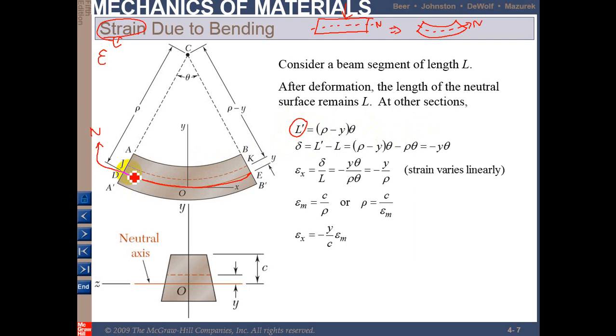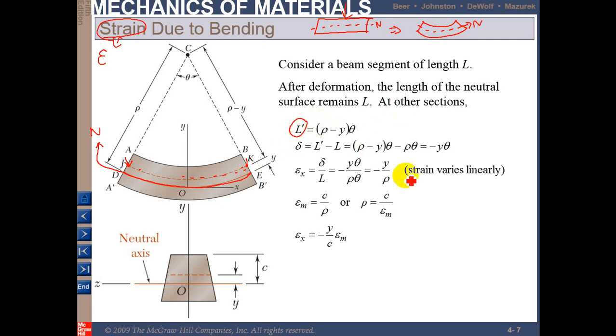This is L, the line from this point to this point. L prime: after bending, the L at this area will change to L prime.